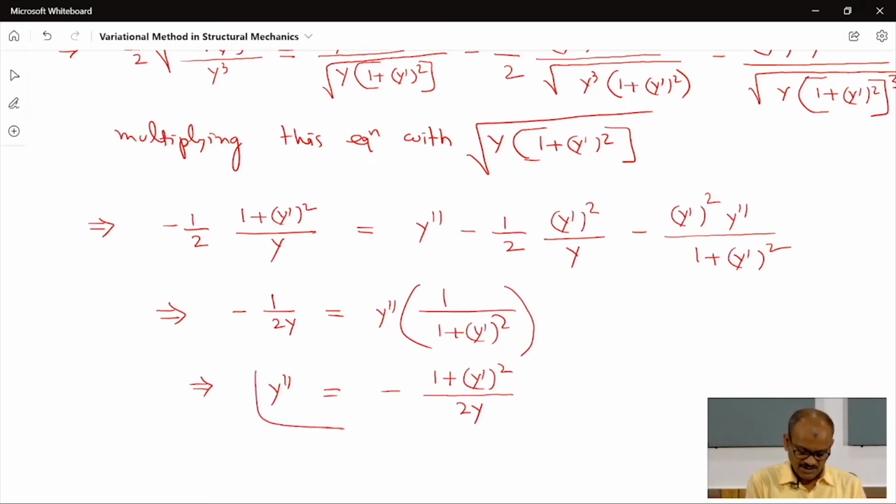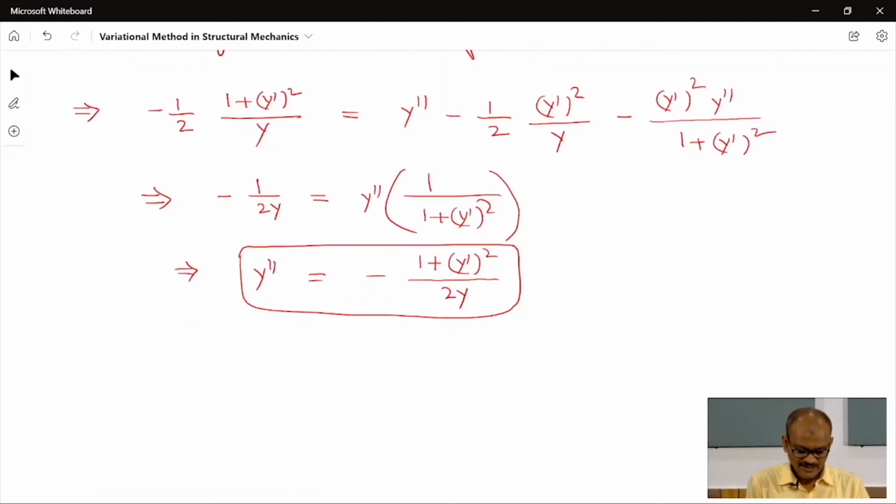So this is what we got. If we simplify, 1 plus 2y y double dash plus y dash square is equal to 0.